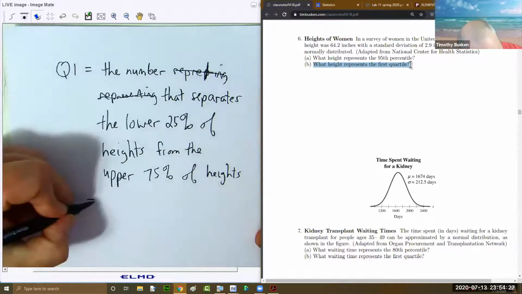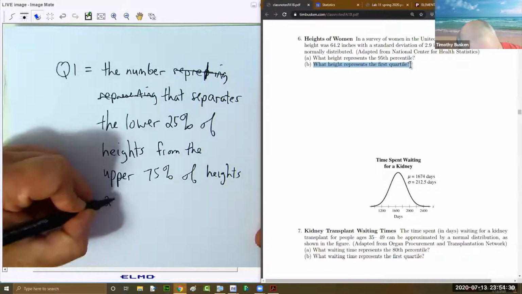And so therefore, Q1 is also equal to the 25th percentile.